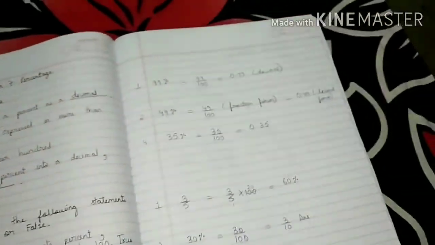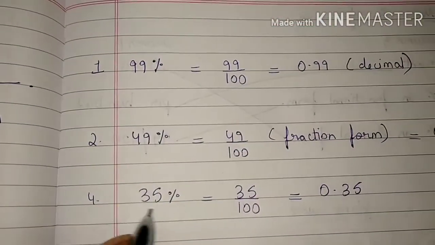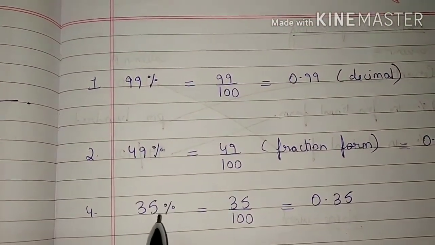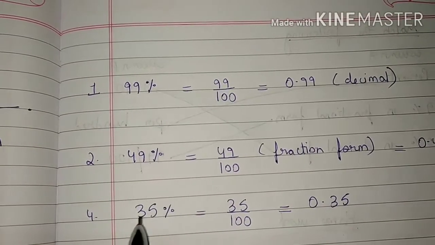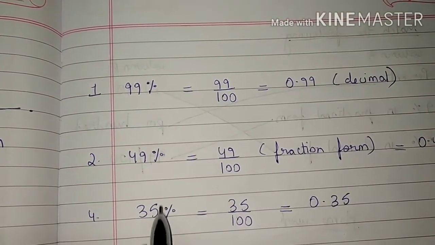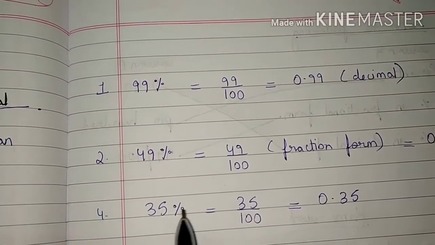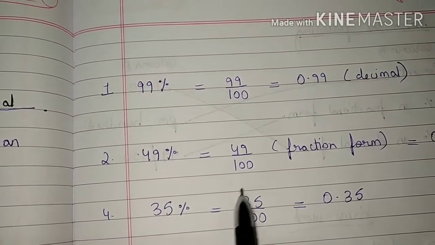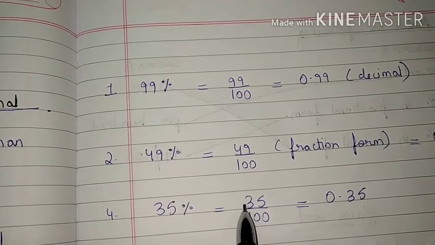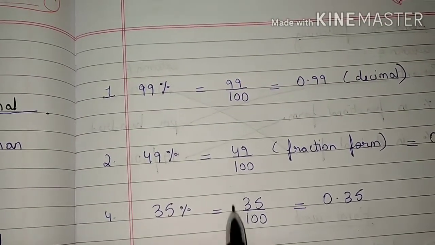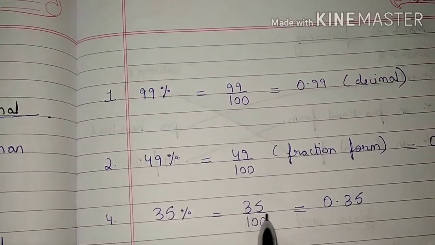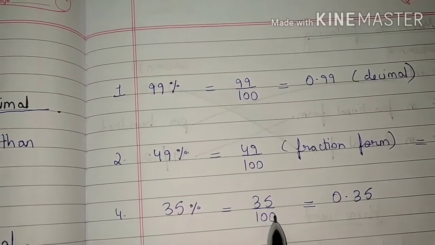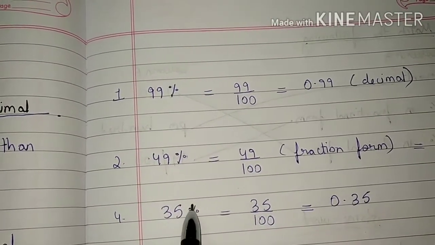Students, look here. Here it is 35% and we have to convert 35% into a decimal. So students, for this we will write 35 as it is and we will divide the given number, that is 35 by 100 and then remove the sign of percentage.